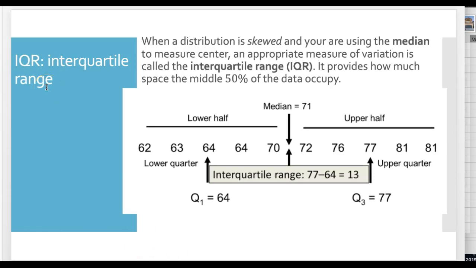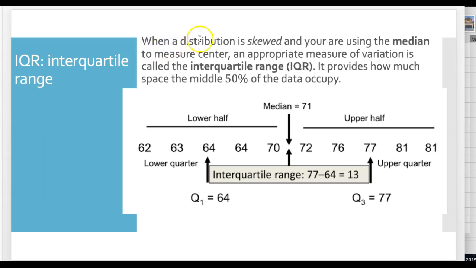Interquartile is just saying the inner quarters. The median splits the data in half, and then we take the half of the half. We're just splitting our data into quarters and looking at the middle quarters. That's going to be our other version of standard deviation.